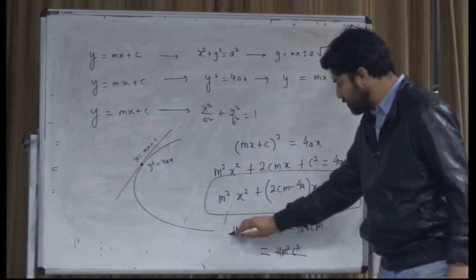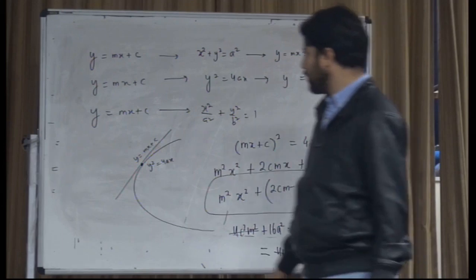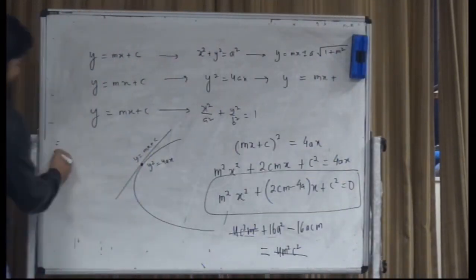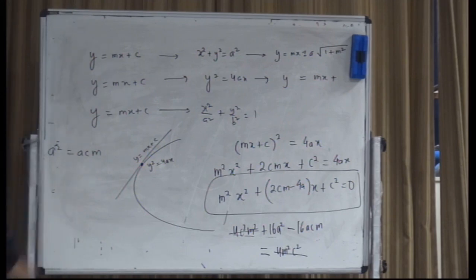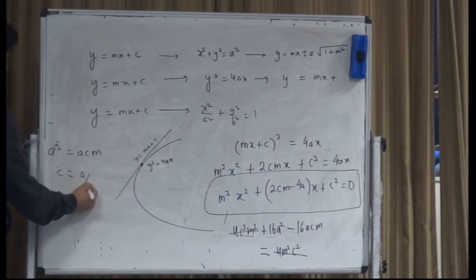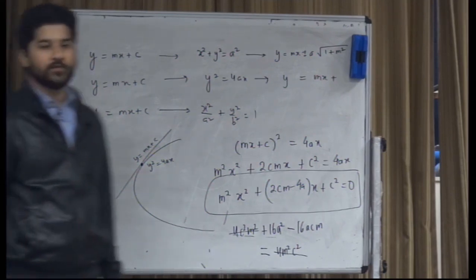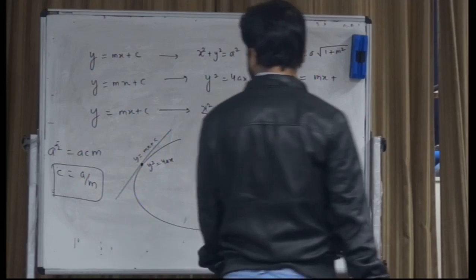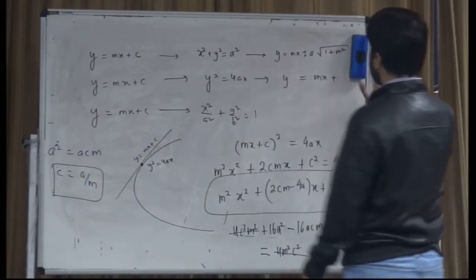This and this gone, you are left with a square is equal to acm. 16 and 16 gone, right? So c is equal to a by m.